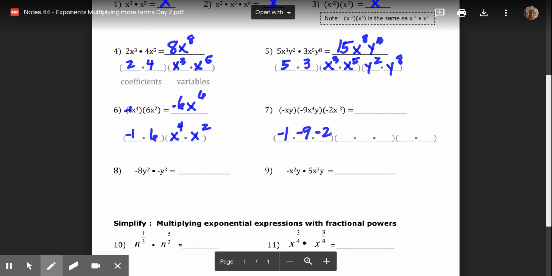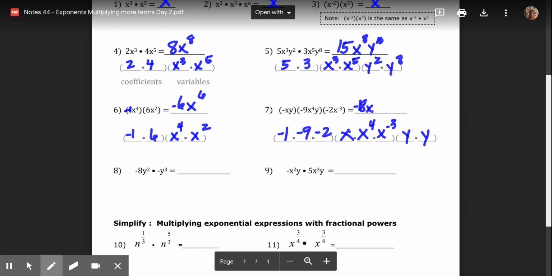Then I'm going to put my x's here. So I have an x, and then I have an x to the 4th, and then I have an x to the negative 3rd. And then I have a y and another y. But I don't have a y in this third set of parentheses. So now for my coefficients, I've got negative 1 times negative 9 is 9. 9 times negative 2 is negative 18.